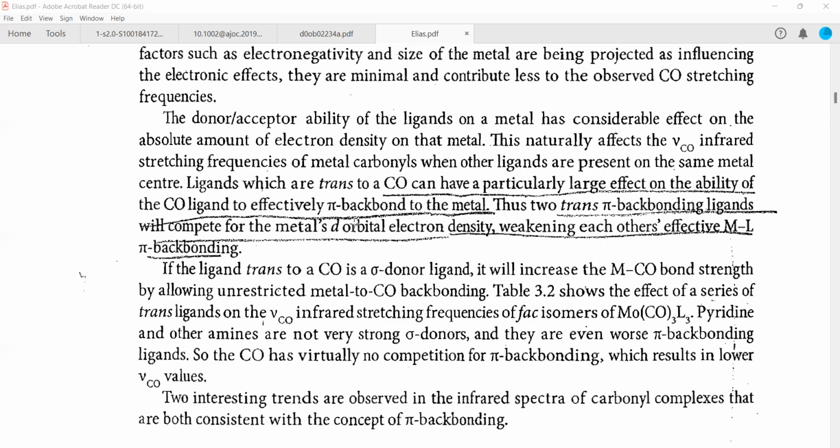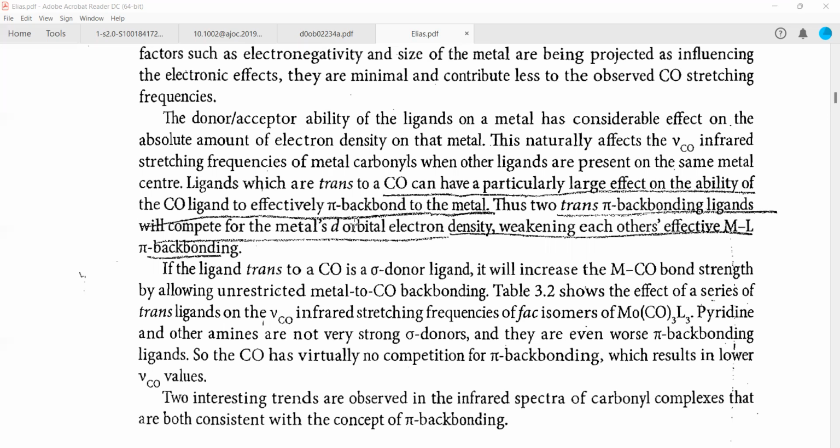And also it depends upon the trans effect. There are quite a lot of effects, right? Ligands which are trans to carbonyl can have a particularly larger effect on the ability of the carbonyl ligand to effectively pi back donate to the metal. So two trans pi back donating ligands will compete for the metal d orbitals, and each will weaken the other's effective metal-ligand pi back bonding.